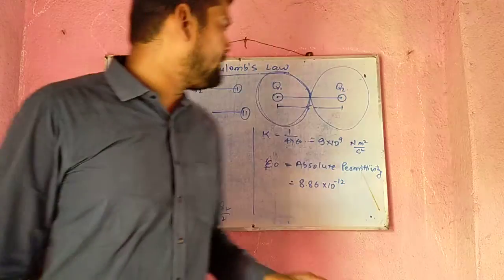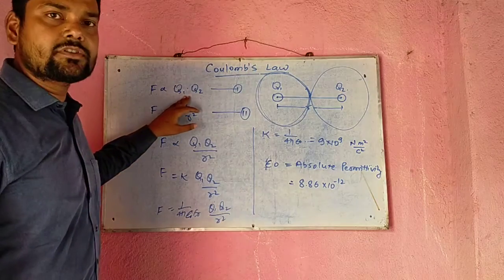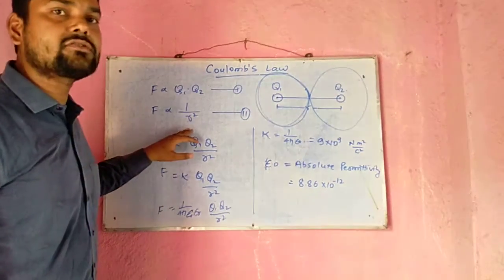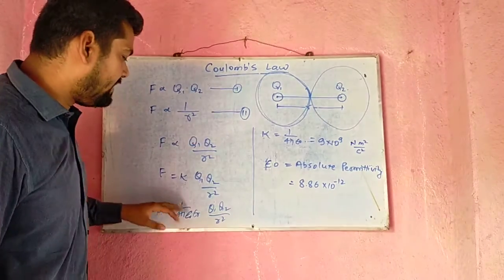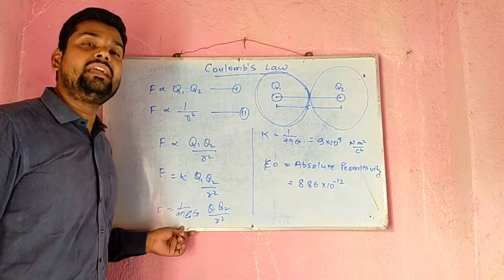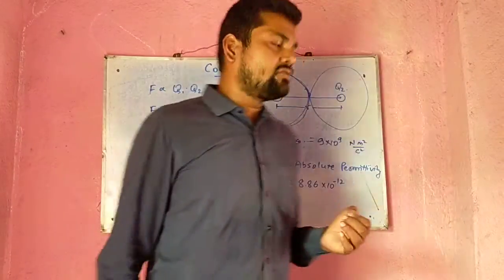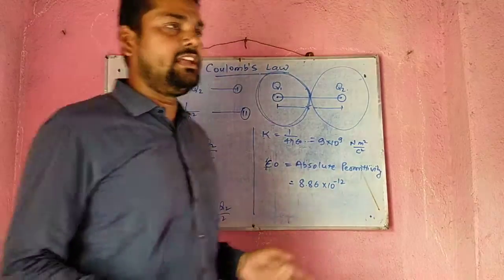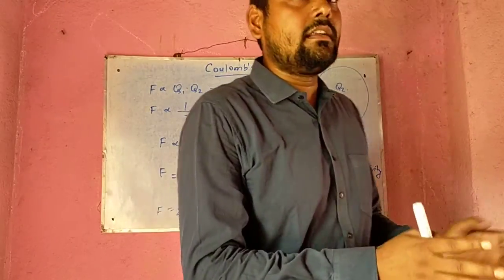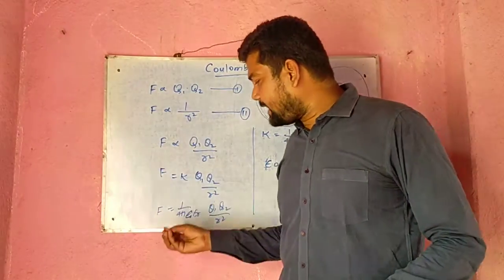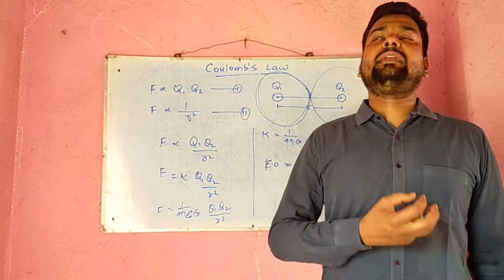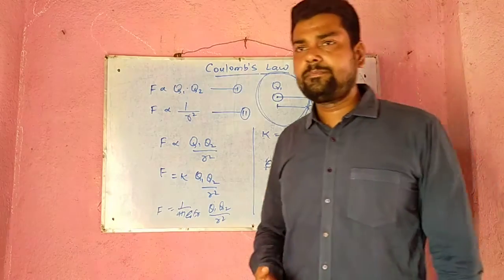So Coulomb's law also said that the force is directly proportional to the product of charges, inversely proportional to the square of distance between them, and finally it also depends upon the medium in which it is kept. But the medium is a fixed quantity, so it is taken to be a constant, because if the charges are kept in air, every time the medium we consider will be air.